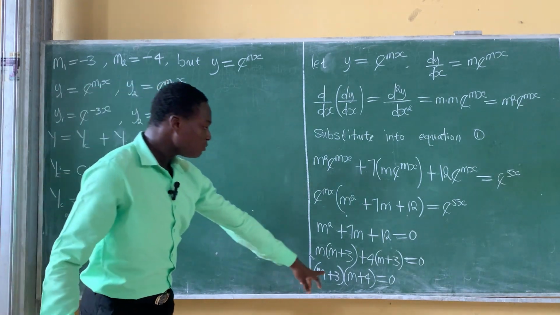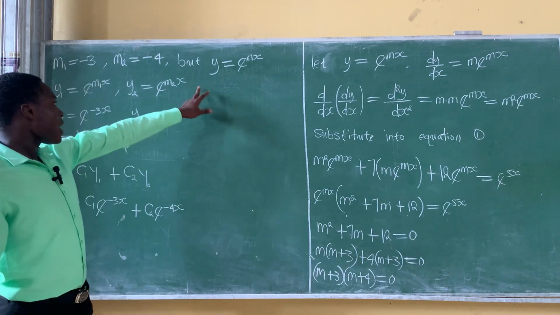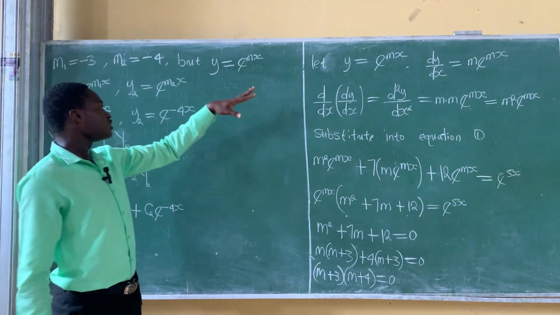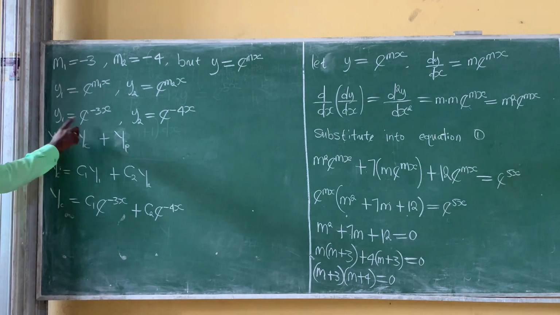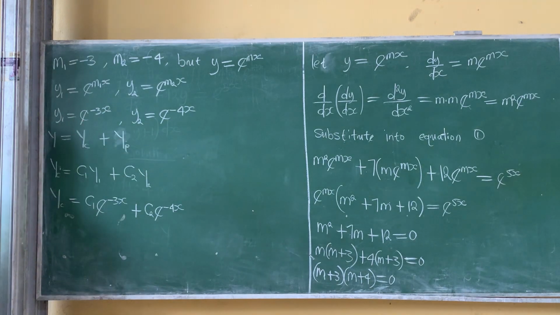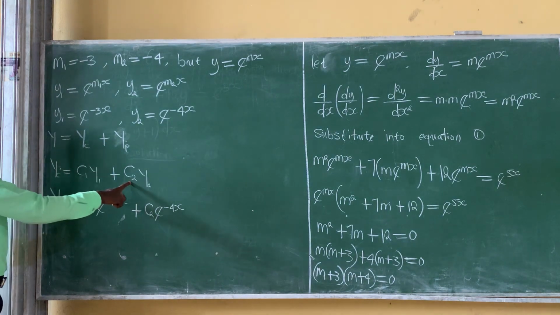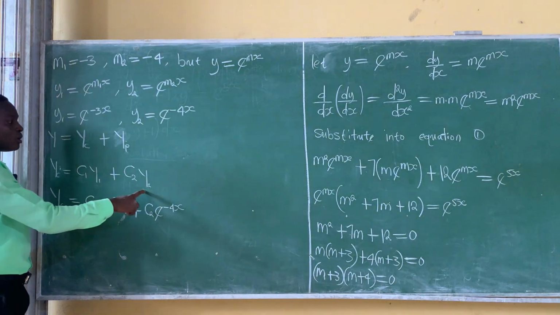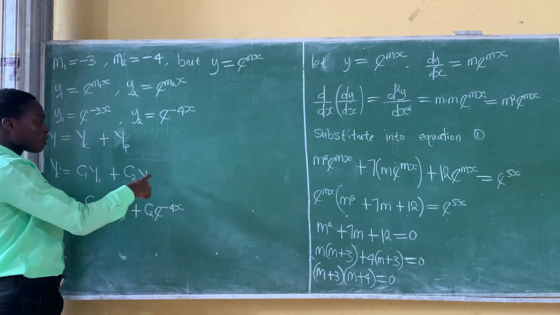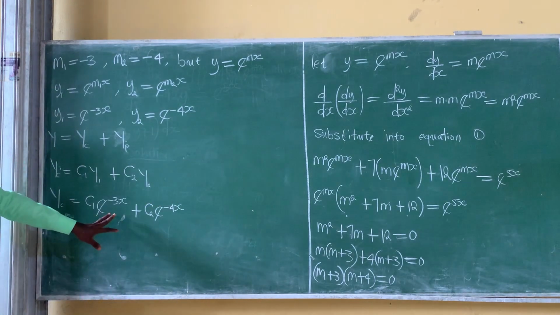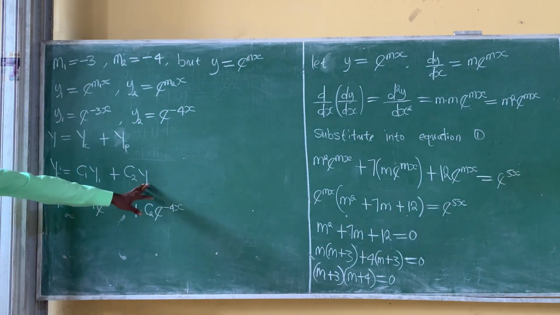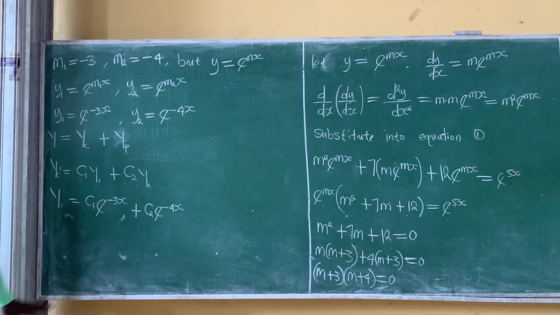If you have three roots, you are going to have y3 equal to exponential m3x, and so on. Having done that, your y sub c becomes the first arbitrary constant times y1 plus the second arbitrary constant times y2. If you have y3, the next one becomes plus the third arbitrary constant times y3. Then you plug in the values for y1 and y2, and you get your complementary solution.